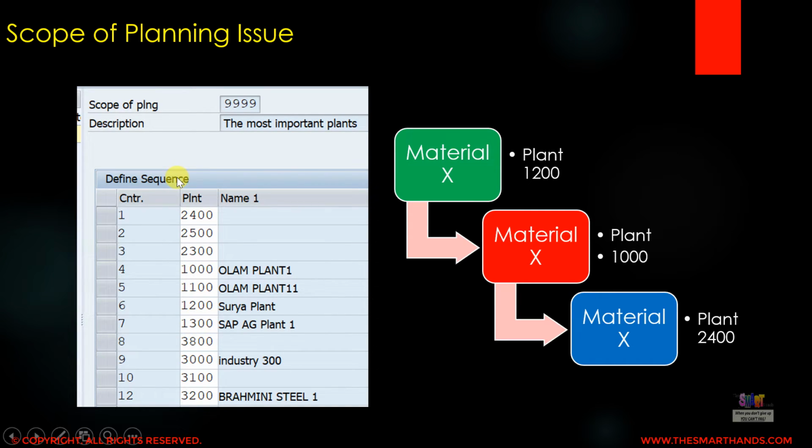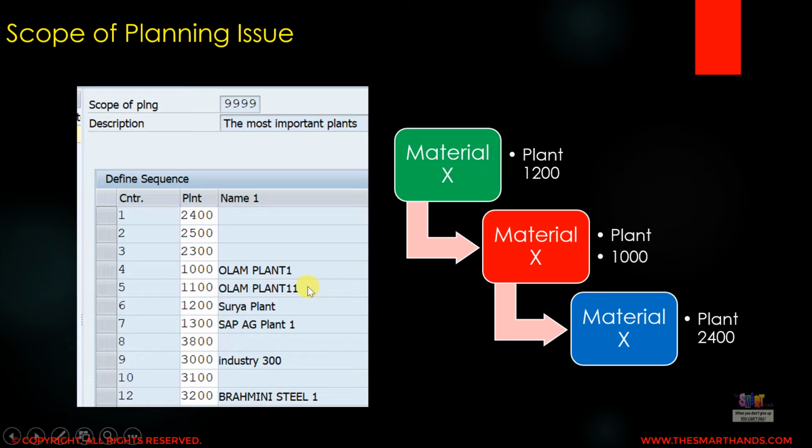Now when the system runs the MRP, it will run within this order. First it will run MRP for plant 2400. When it's finished, it will run MRP for 2500, then 2300, then plant 1000, then plant 1100, and so on. But if you look at this scenario on the right-hand side, say material X at plant 1200 is procured from plant 1000, and plant 1000 is procuring this as STO from plant 2400.